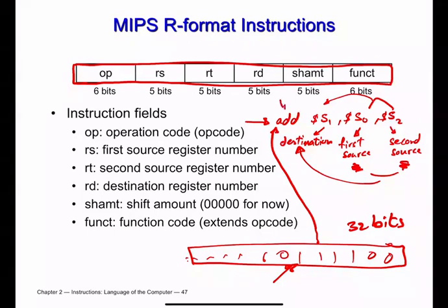There is add or subtract or multiply. So inside this 32 bits, I have to indicate some bits to represent that this is an addition, or a subtraction, or an add immediate, or whatever it is, correct?